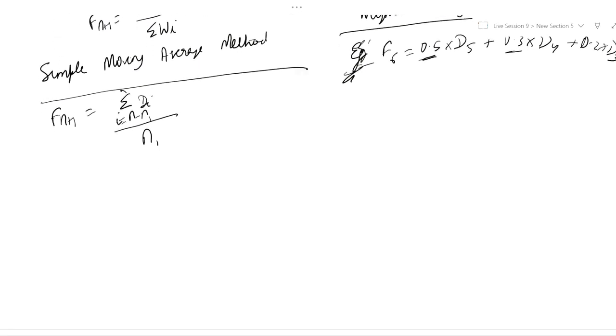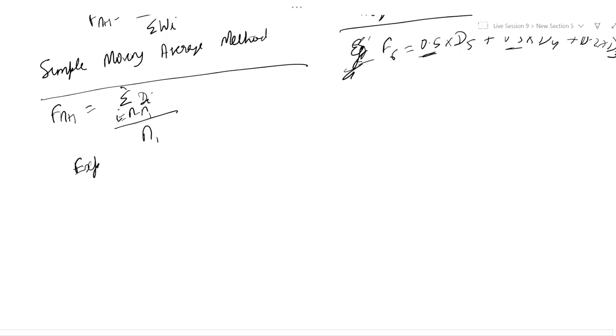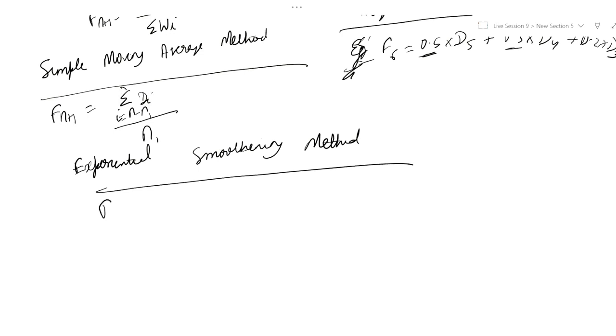Now exponential smoothing method: F(n+1) is equal to alpha Dn plus (1 minus alpha) into Fn.